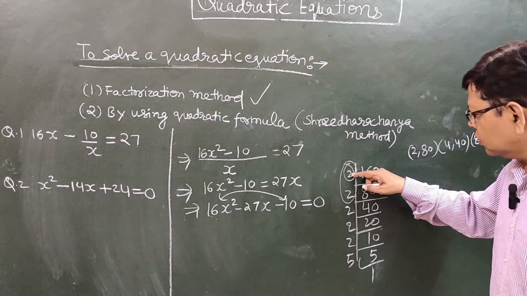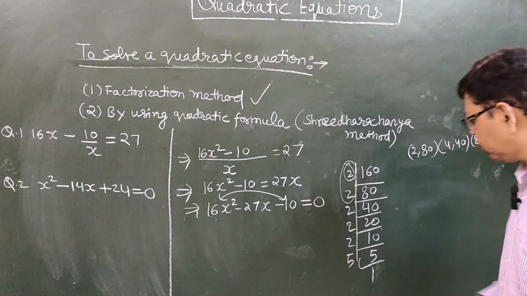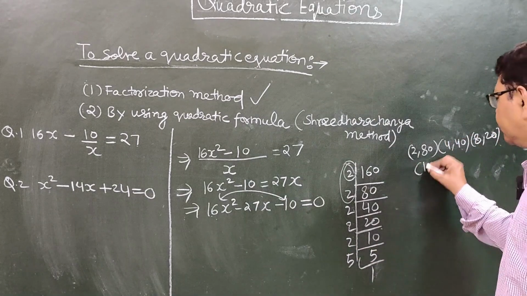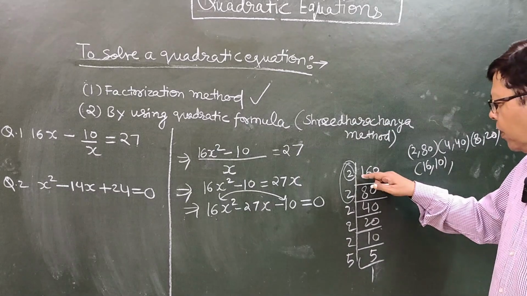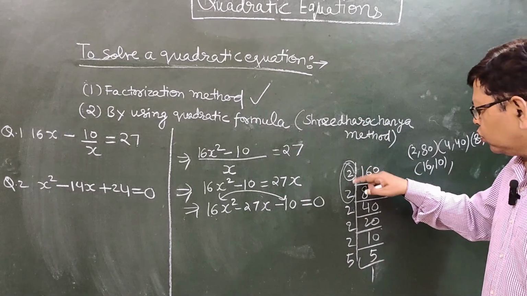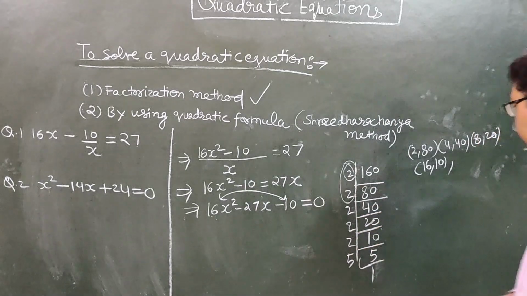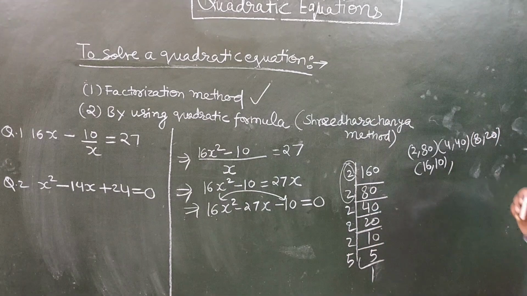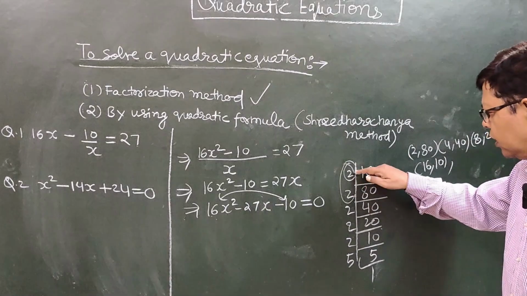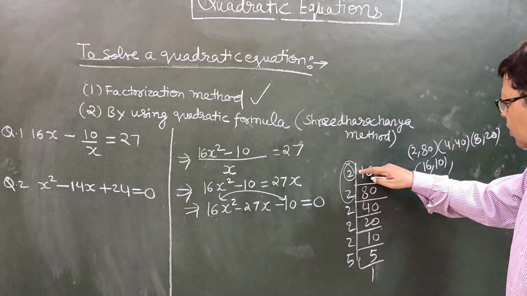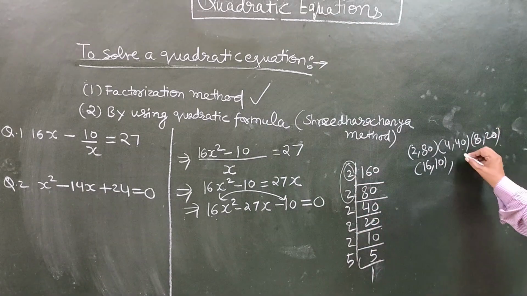Fourth pair, 2, 4, 8, 16, and 2 into 5 into 1, that is 10: 16 and 10. Then the next pair, 20 and 8, we have already got 20 and 8. Now the other pair, 2, 4, 8, 16, 32 and 5.